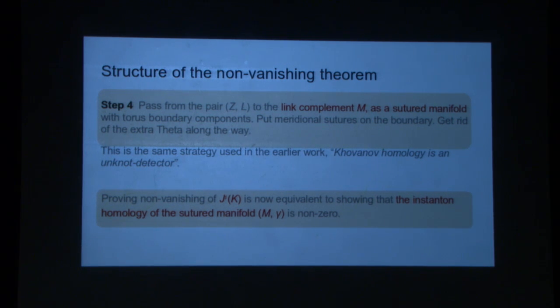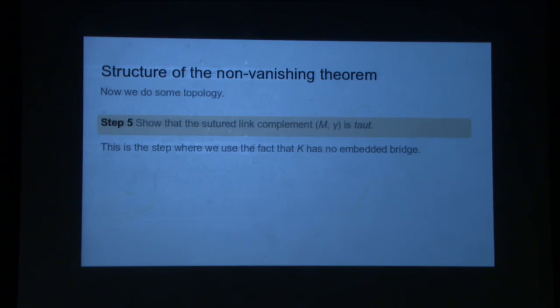The suturing is a decomposition of the boundary into two parts called positive and negative, plus and minus. The sutures, so-called, are the simple closed curves which separate on the boundary two-manifold the plus and the minus regions. In this case, what the sutures are going to be are just little meridional curves, meridional to the link that we've removed.